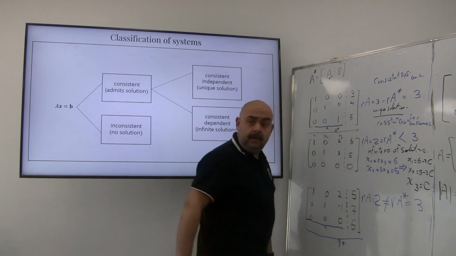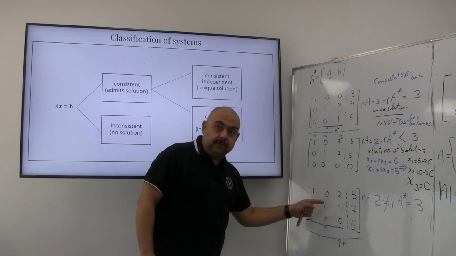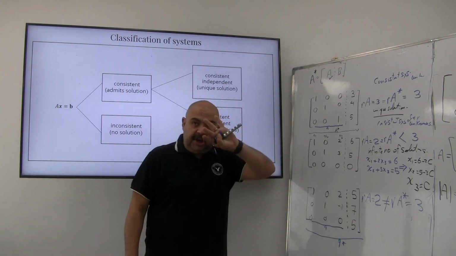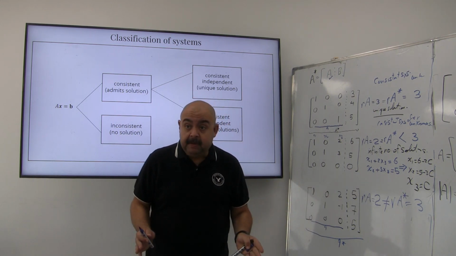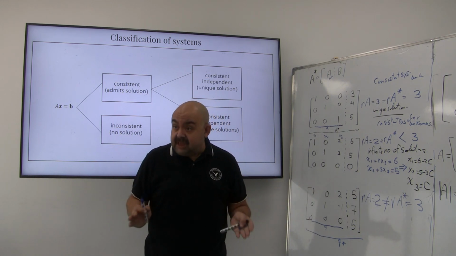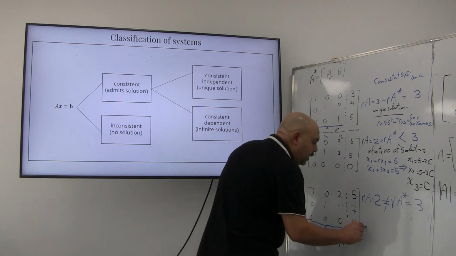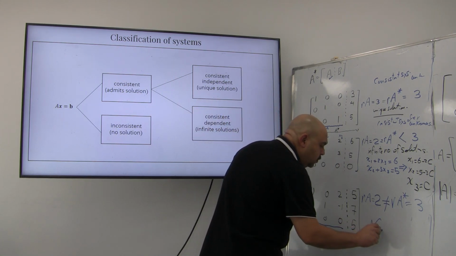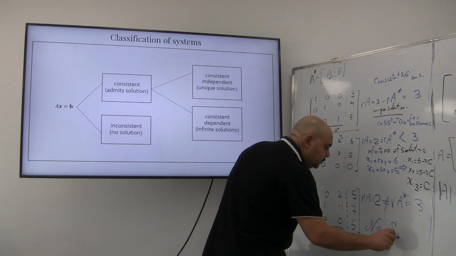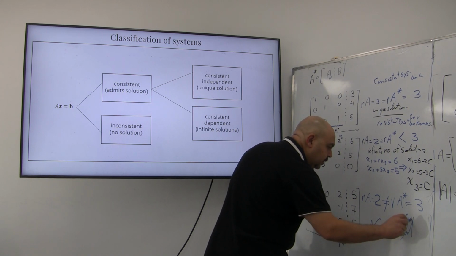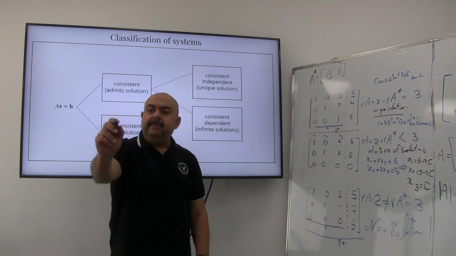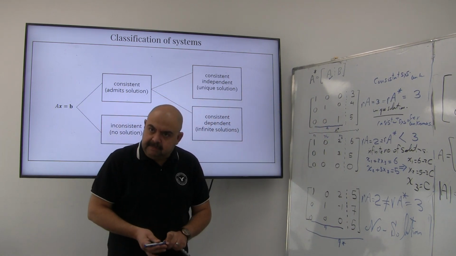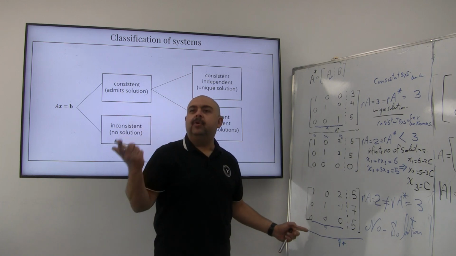No. The smaller one has only 2 non-zero rows, the bigger one has 3 non-zero rows. So the ranks are not the same. Once the ranks are not the same, there will be no solution for the system. Why is there no solution for this system? Because it will be 0 equal 5.